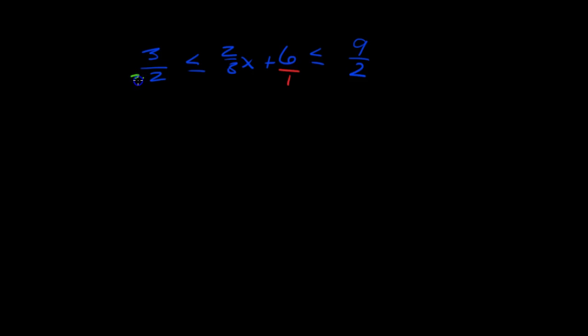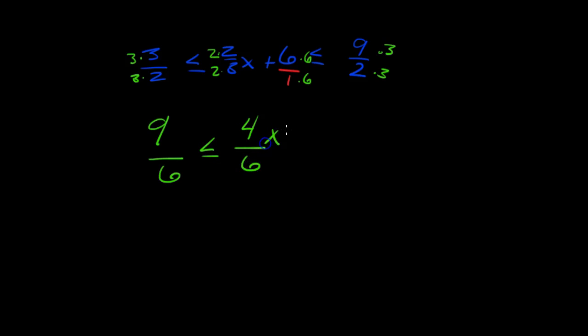So we multiply top and bottom by 3, top and bottom by 2. Here, top and bottom by 6. And here, top and bottom by 3. So we would get 9/6 less than or equal to 4/6x plus 36/6 is less than or equal to 27/6.